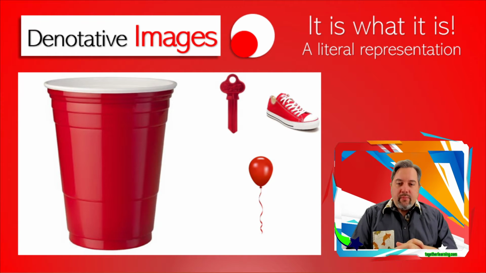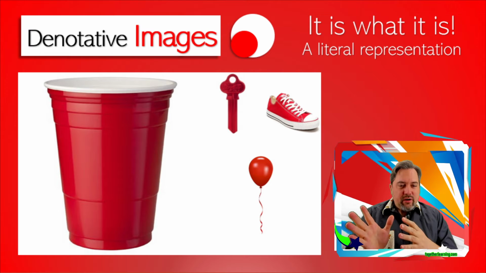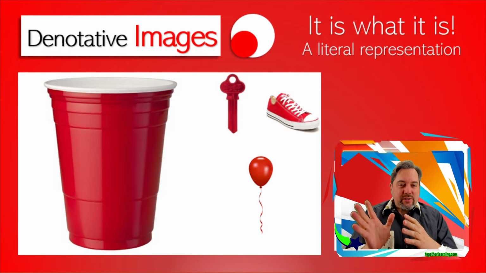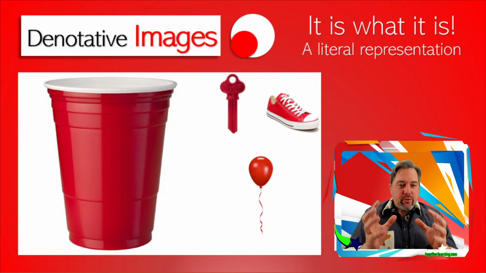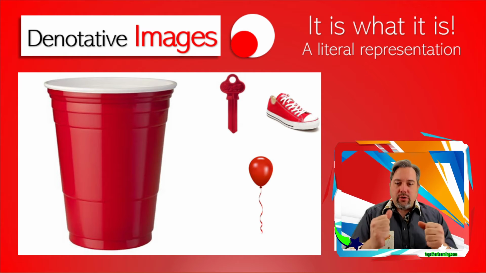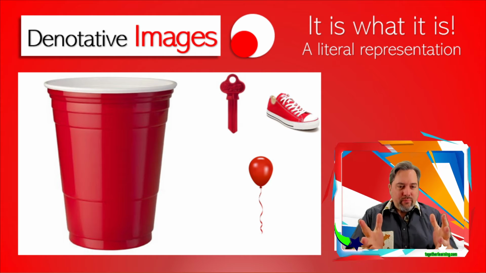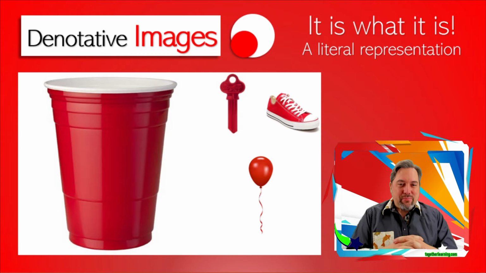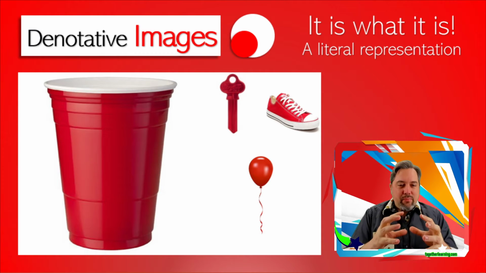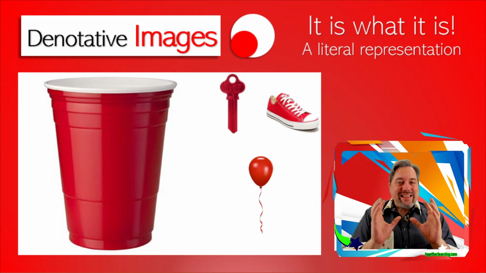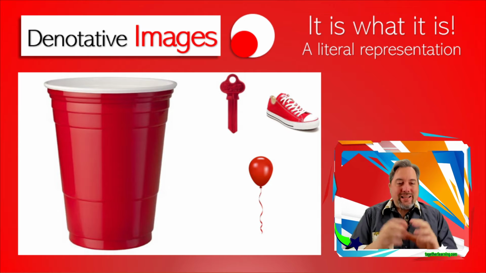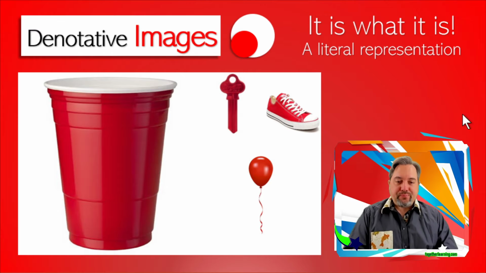So with these images that I chose here, I'm trying to best represent a denotative image that denotes the actual thing, not any extra meaning. So it's a cup, it's a key, it's a shoe, it's a balloon. Does that make sense? Maybe not. I'm going to give a couple more examples as we go along here. But just remember, a denotative image is a literal representation. It is what it is without any extra meaning.